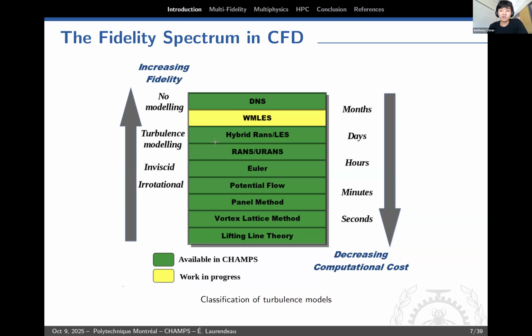Those tools all have their use case, as the low fidelity models are quick to run and quite efficient, so they're typically reserved for initial development, whereas the higher fidelity models provide more accurate results for later stages of development. We have in the CHAMPS software almost all of those models implemented and ready to use.